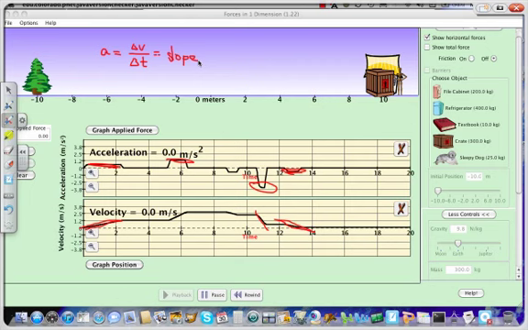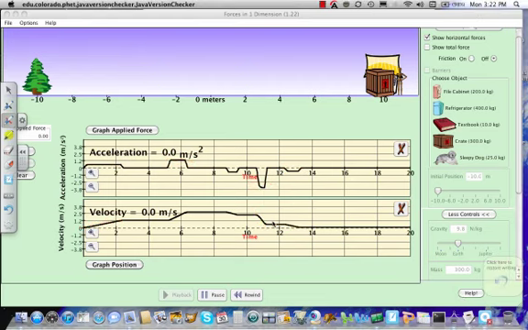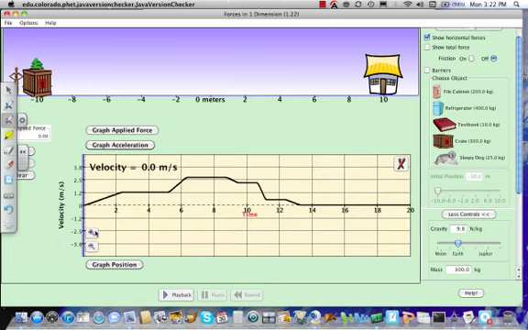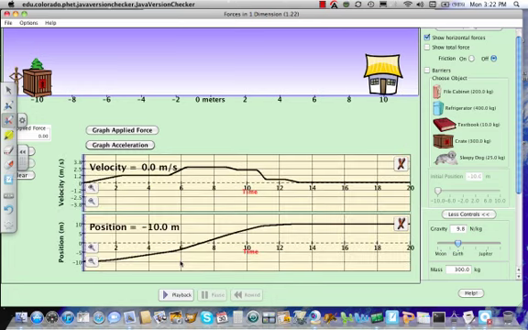Now just to go back and connect with our kinematics, let's see this again, but this time not graph the acceleration, but instead let's graph the position. So I'm pushing hard on the crate right now. The slope of the velocity graph is going up.